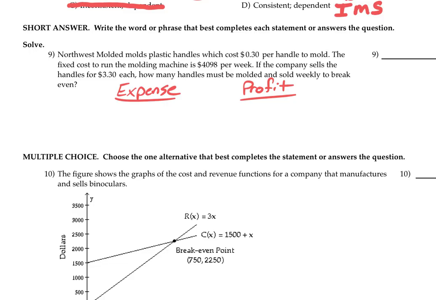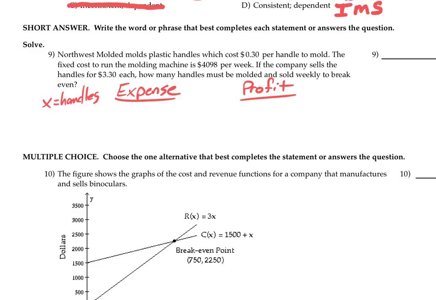So in this case, first of all, X is the number of handles that I'm either making or selling, depending on which you're looking at. Okay, the expenses, the outgoing. Each handle costs 30 cents to mold, and the machine costs $4,098 a week.